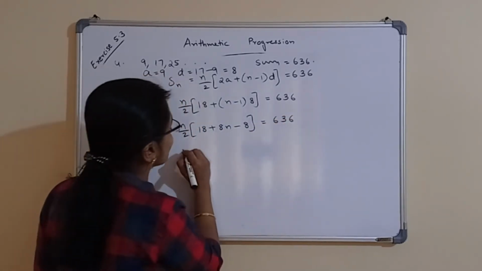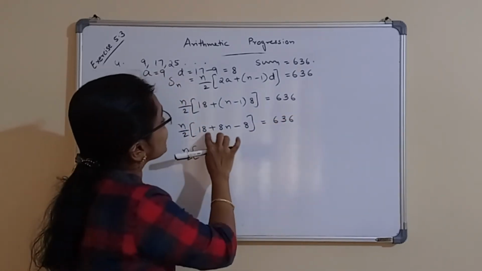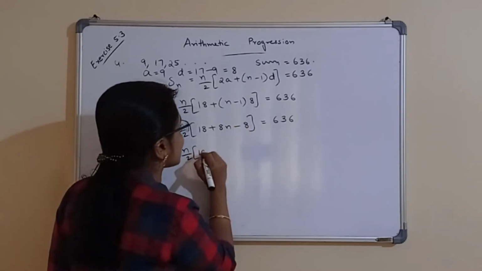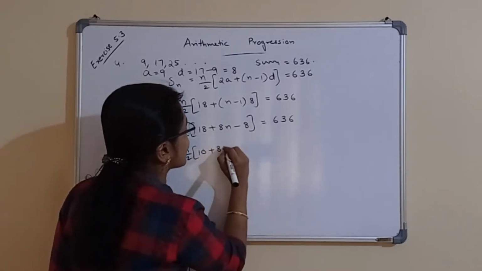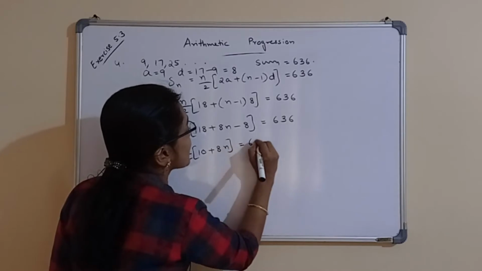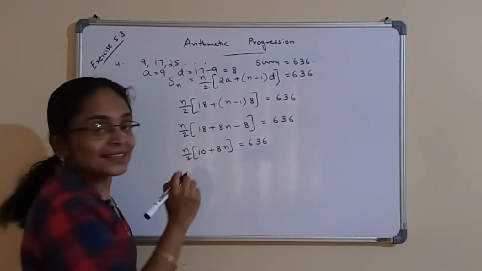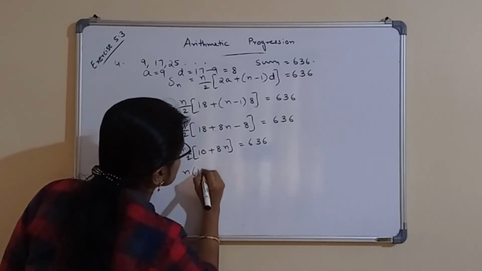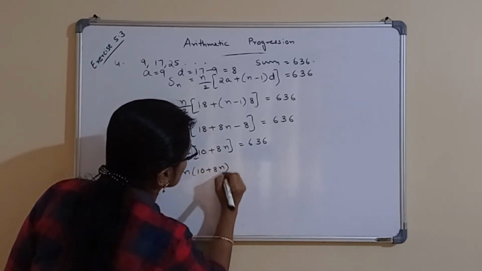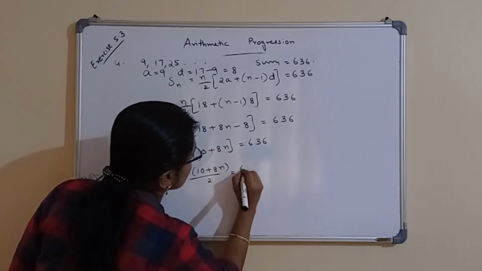Now n by 2 into 18 minus 8 is 10, plus 8n is equal to 636. Now, we can write it as n into 10 plus 8n by 2 is equal to 636.